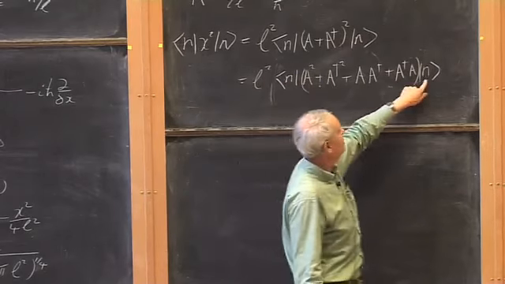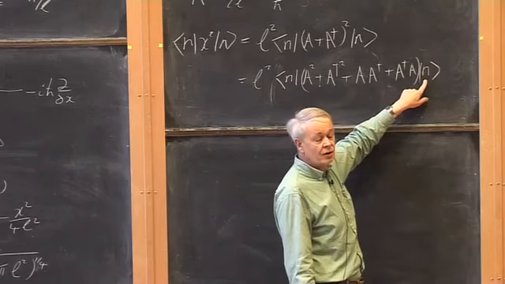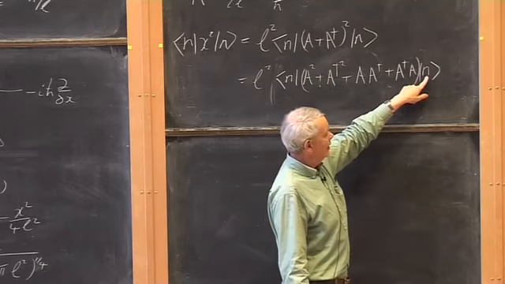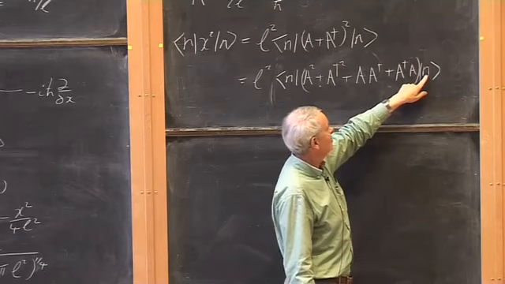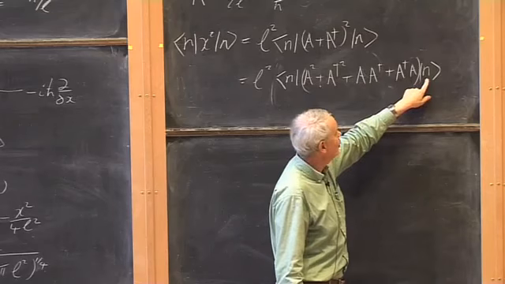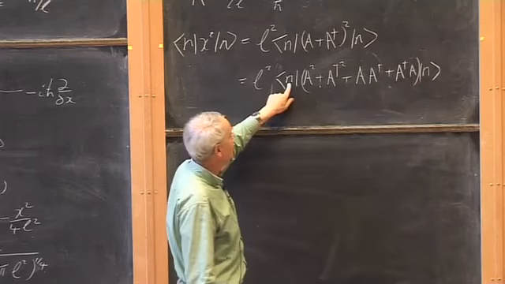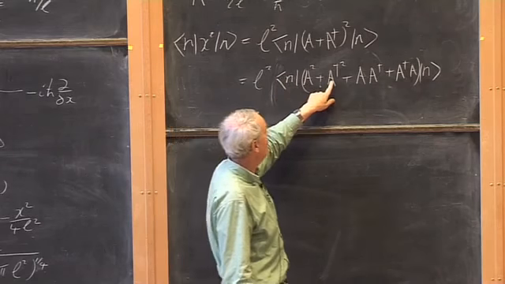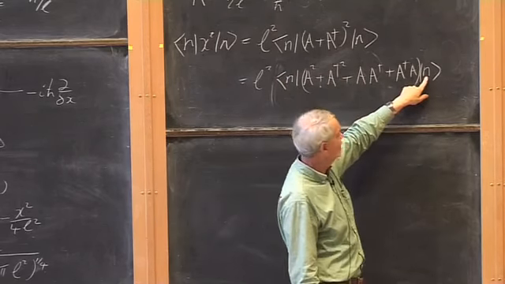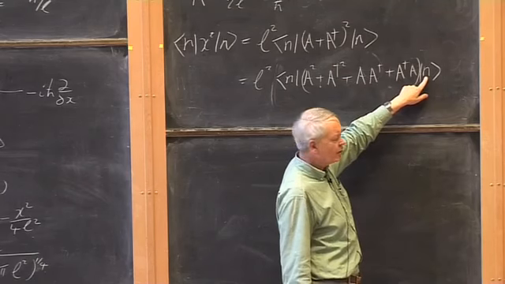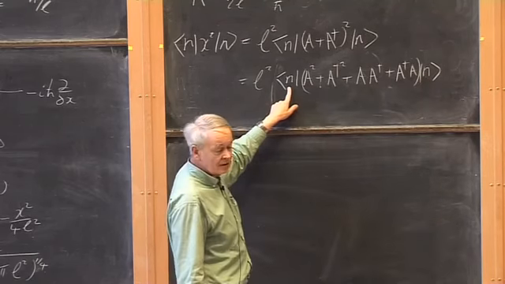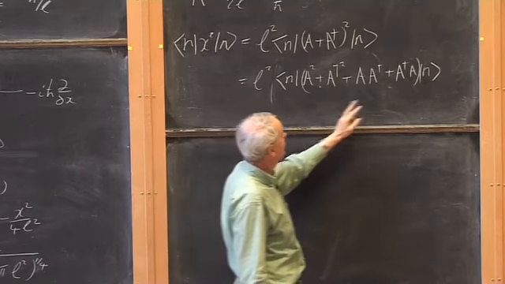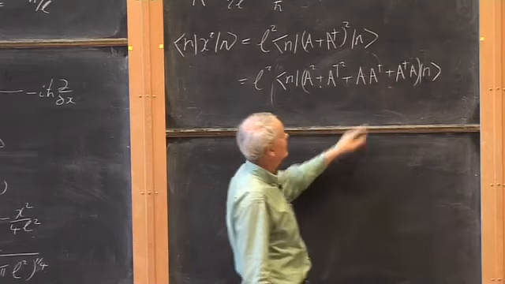A squared applied to that is proportional to n minus 2, because each of these A's takes away a unit of excitation. But n minus 2 is orthogonal to that, so that makes no contribution to this expectation value. Similarly, A dagger squared on this produces some multiple of n plus 2, which is orthogonal to that, so that doesn't contribute. So these two terms don't contribute to the expectation value. These terms jolly well do contribute to the expectation value.